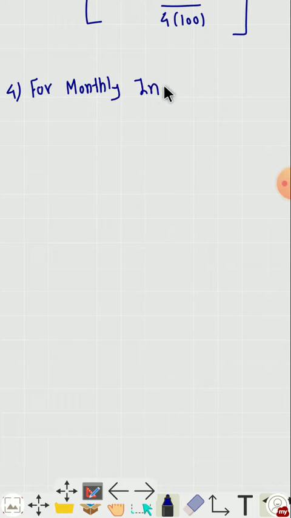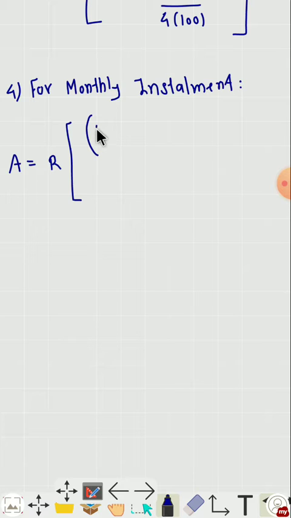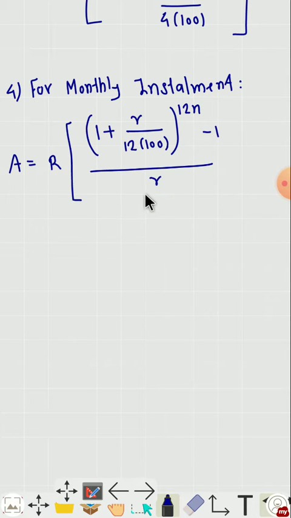So total amount A is equal to R inside the bracket (1 plus r divided by 12 into 100) whole bracket raised to the power 12n minus 1, whole divided by r divided by 1200, bracket complete.